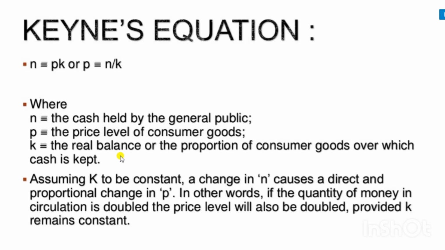According to this Keynesian equation, assuming K, that is the real balance, to be constant, a change in cash held by the general public, which is N, causes a direct and proportional change in the price level of consumer goods. In other words, if the quantity of money in circulation is doubled, then the price level is also doubled, provided that K remains constant.